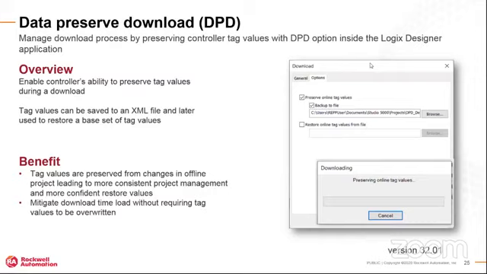In version 24, you would have to download it as an optional separate tool. Now it's native to Studio 5000, so you no longer have to worry about doing that separately. Next slide, please.